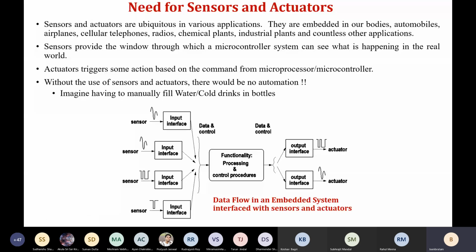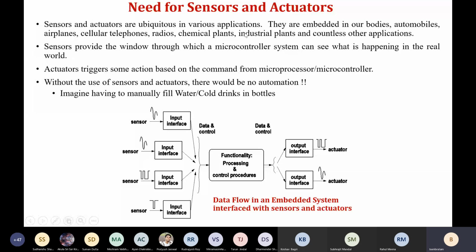Like it has to run the motor at high speed, or glow some LED, or generate some heat by activating the heater. What type of action it has to do will be decided by the microcontroller, and accordingly the control action or command will be generated from the microcontroller, which will go to the actuator to drive it. Right.